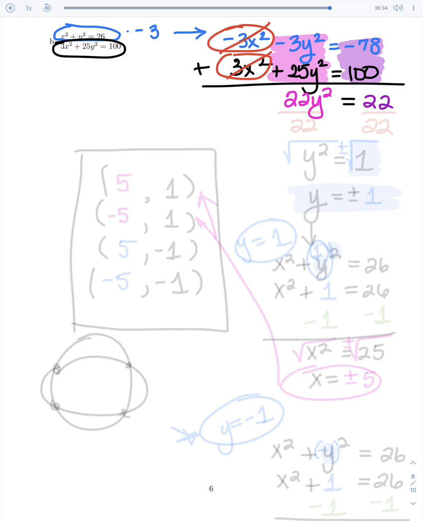Then dividing both sides by 22 to solve the equation for y gets us that y squared equals, well, 22 divided by 22 is just 1.